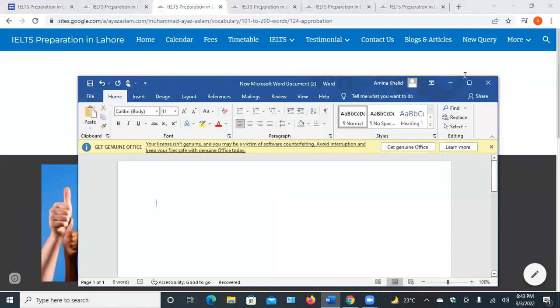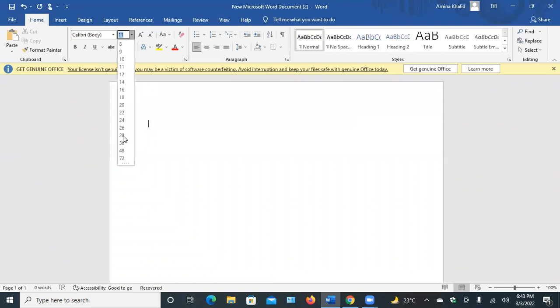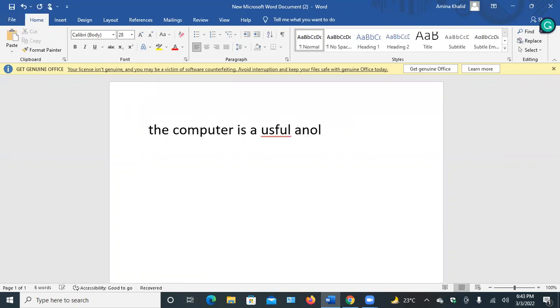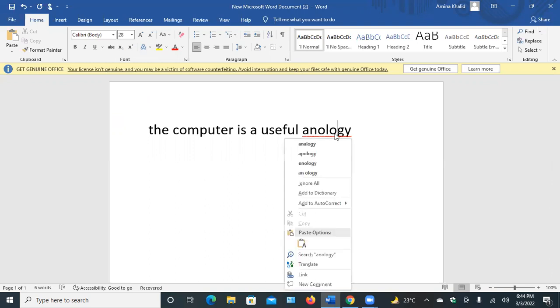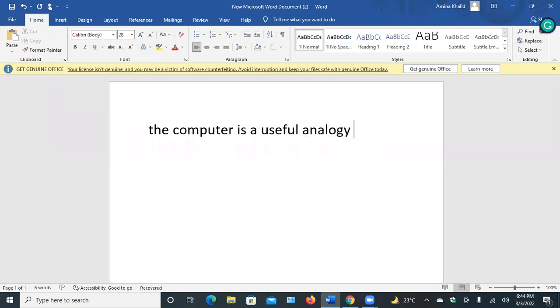Let's try to make sentences. The computer is a useful analogy for the brain.